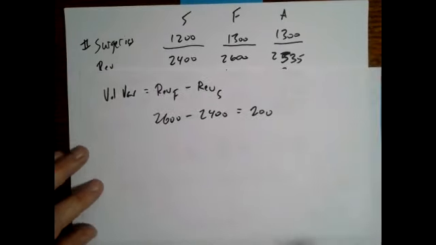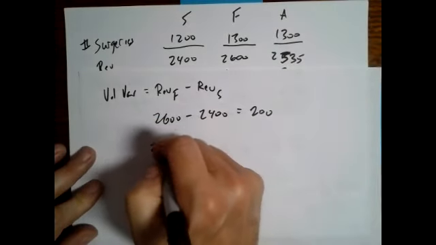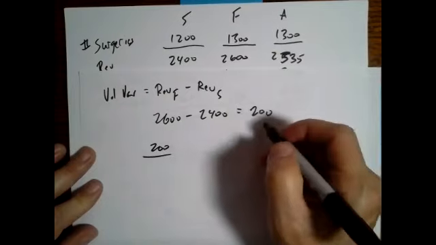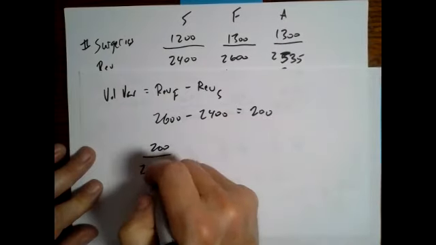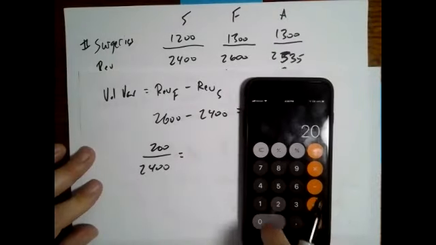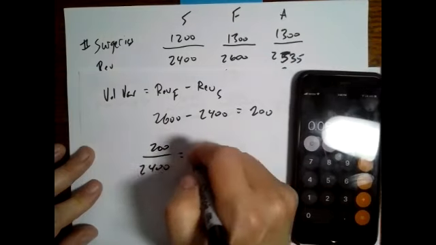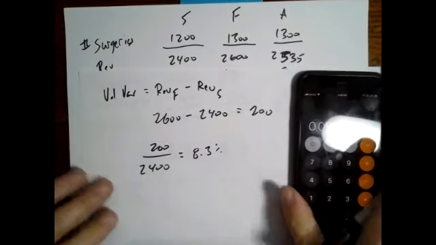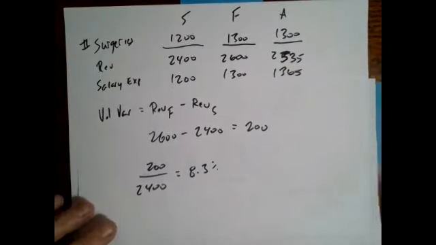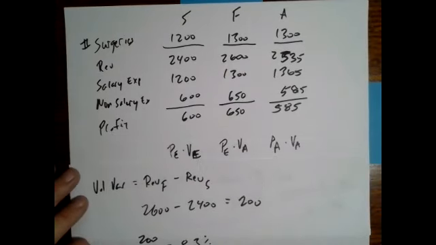And what's the percent volume variance? Well, that's going to be 200, the change, divided by static 2,400. So 200 divided by 2,400 is 8.3%.